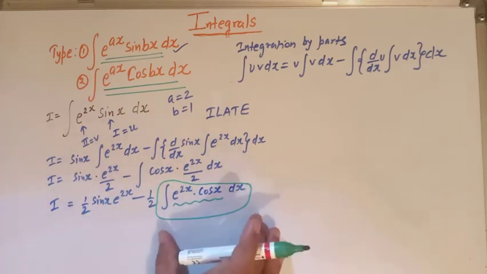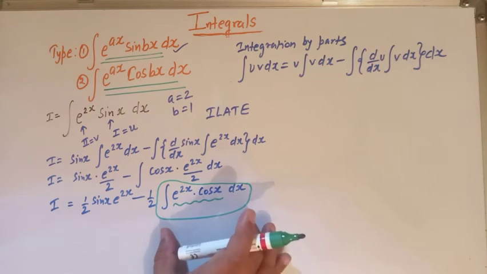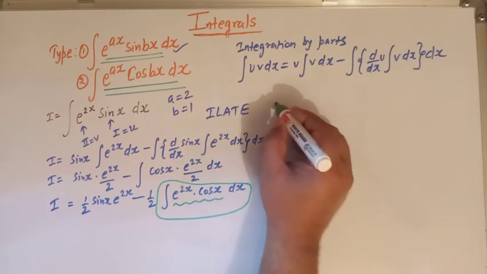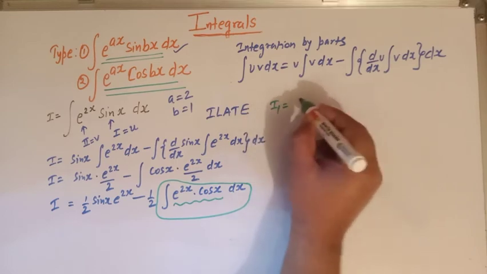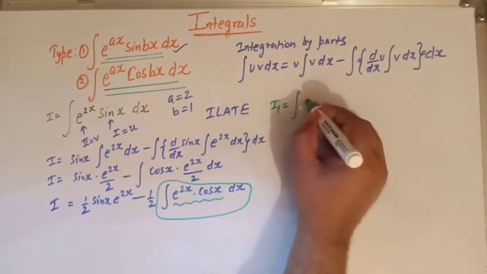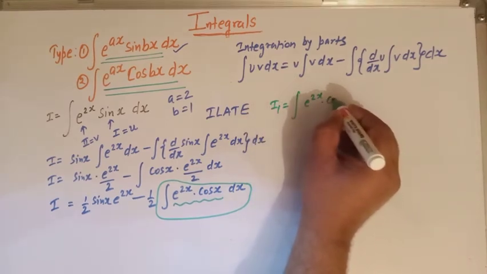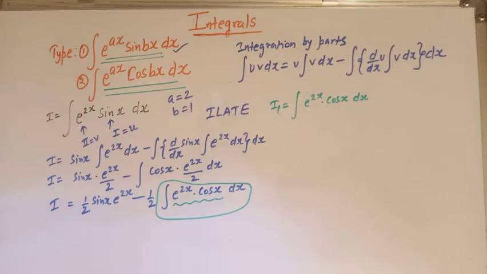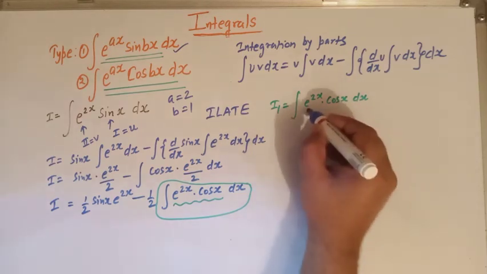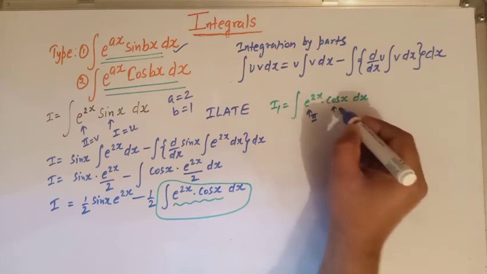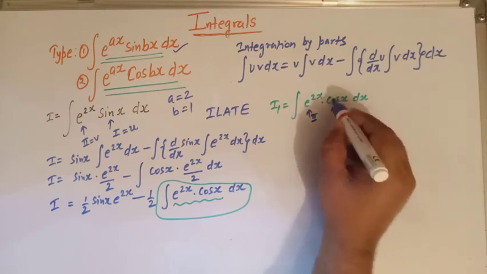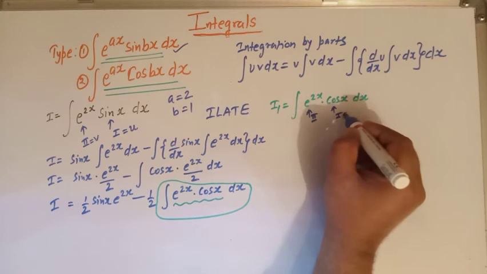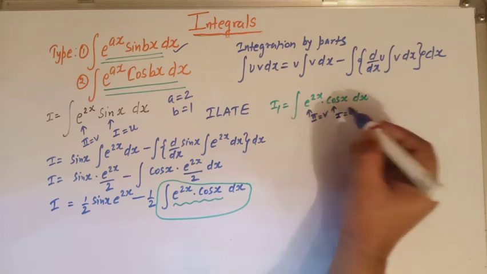So now I am writing this integral separately here. I1 is the integral of e raised to 2x times cos x dx. Again let us take this as the second function and this as the first function, say this is u and this is v.